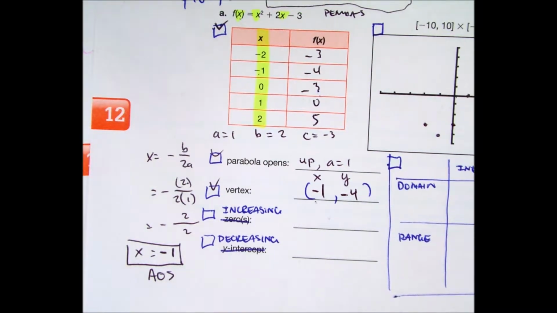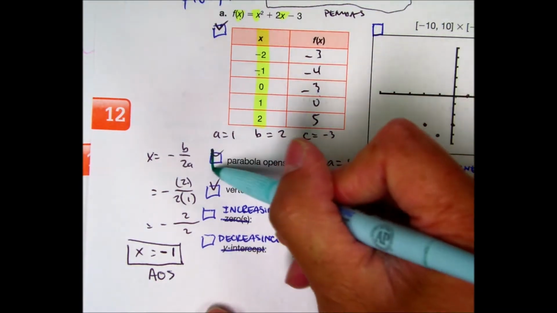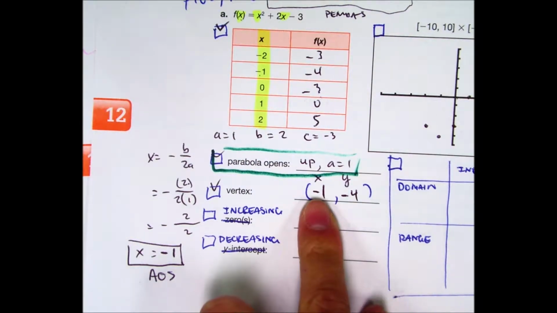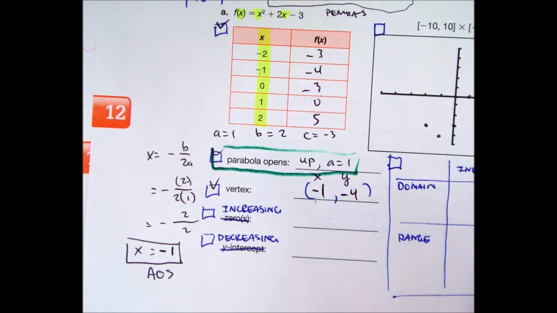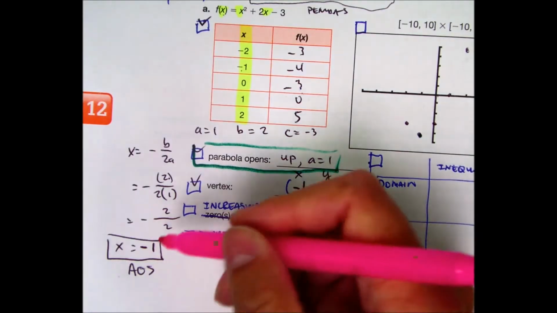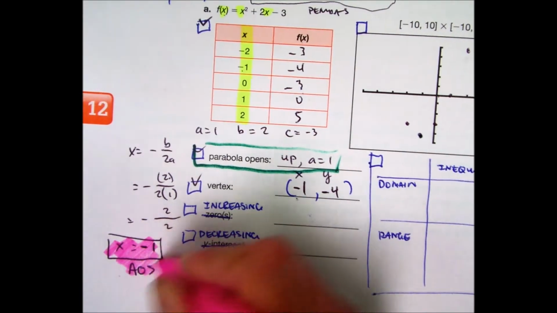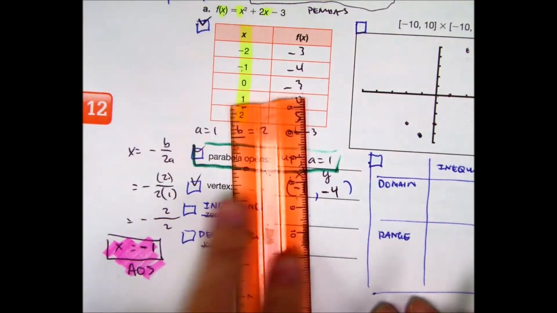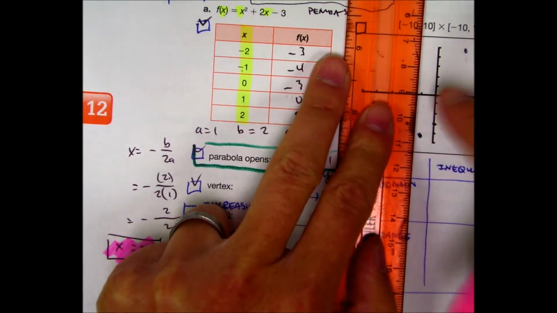I'm going to graph this in green here. I know that -1, -4 is my vertex. So there's my axis of symmetry. Let's graph that. That's helpful. So that is my axis of symmetry. X equals -1.